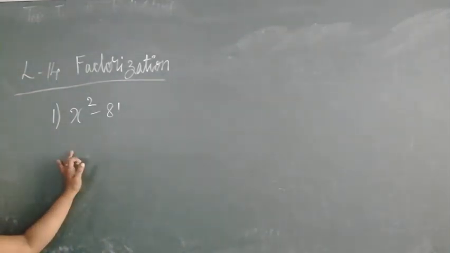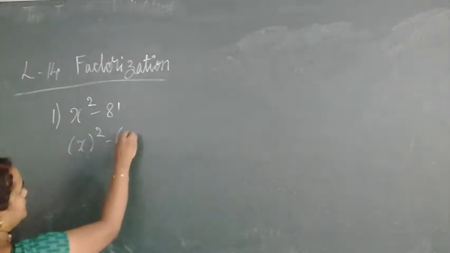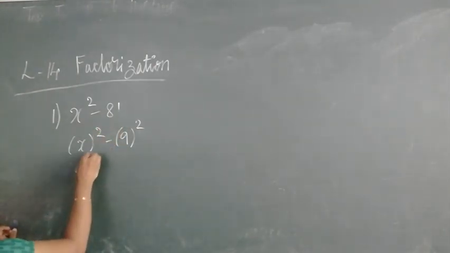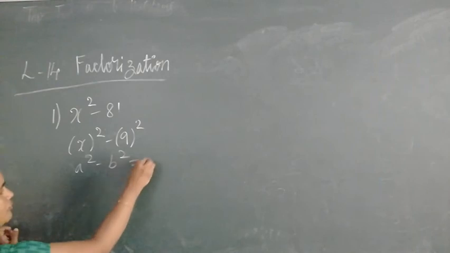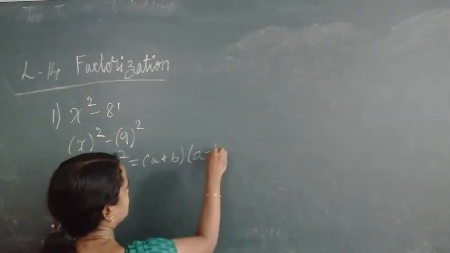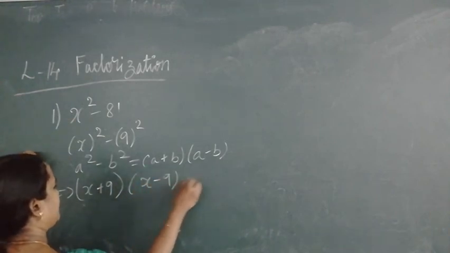Now the formula based, that will be x square minus 9 square. So this will be a square minus b square. The full form is a plus b, a minus b. That means we will get here x plus 9 and x minus 9. Okay, like this we have to do it in this question.